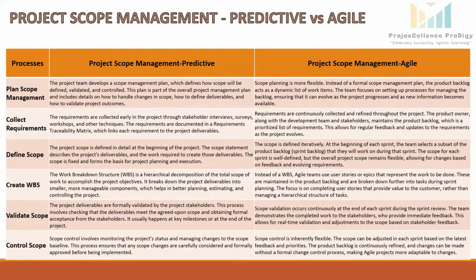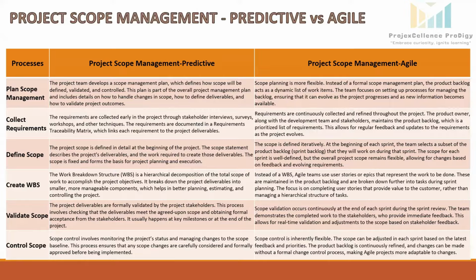The last process is control scope. So in predictive, the project's scope is monitored to ensure it stays on track. Any changes to the scope are carefully reviewed and approved through a formal process. But in Agile, scope control is very flexible.